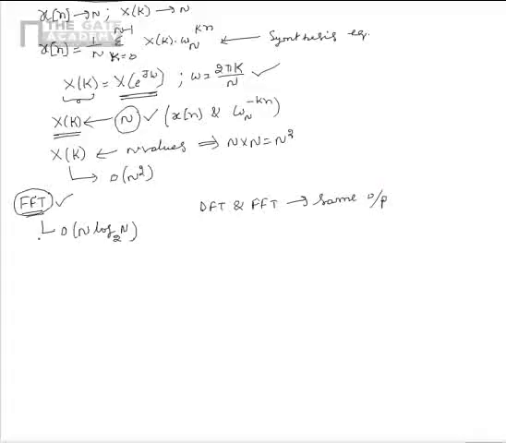Now we will discuss some of the salient points related to FFT. The number of complex multiplications in FFT is of order N into log N to the base 2. This is mainly achieved through butterfly architecture in FFT, which avoids any duplicate processing. Each butterfly requires one multiplication.